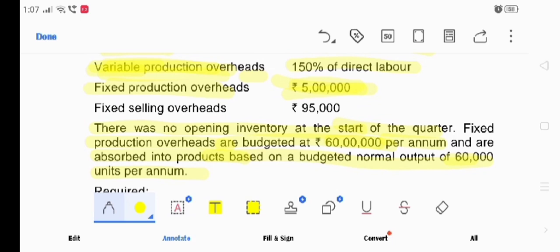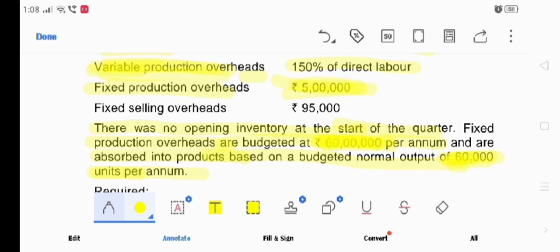We only use the budgeted figure, 60 lakh per annum divided by 60,000 units. So per unit you get only the standard, budgeted one. You have to take this one into consideration for calculating per unit.